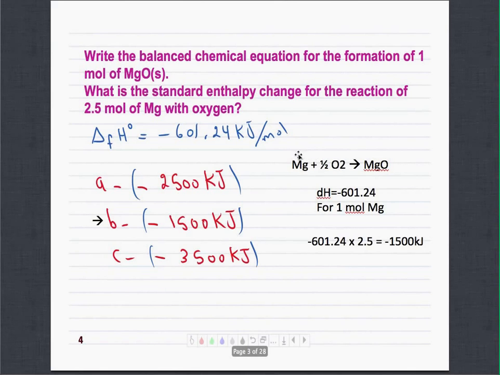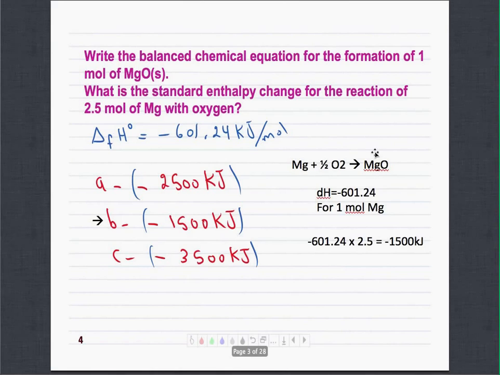So that's the formation reaction. And it is given to me that since this is the formation reaction, and this is delta H formation, the delta H for this reaction equals minus 601.24 kilojoules per mole reaction.